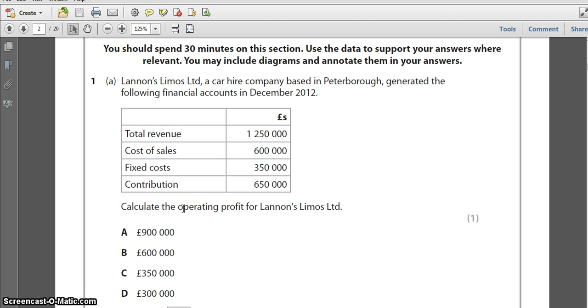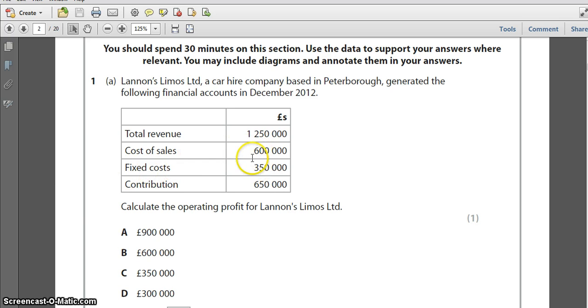Operating profit. I know that operating profit is sales minus total costs. So let's have a look. I've got my sales, that's total revenue. Revenue and sales are the same thing. I've got fixed costs. I don't have total costs, but cost of sales is just another name for variable costs. So variable costs I've got here, I've got fixed costs.